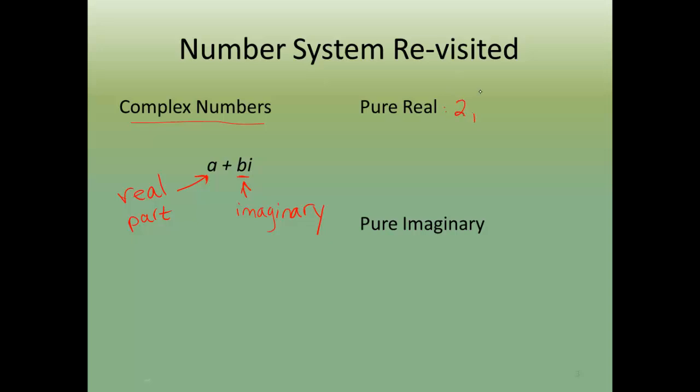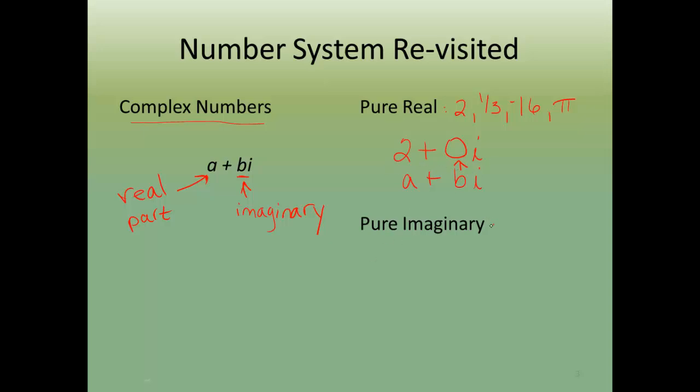Things like 2 or 1/3, -16, pi, these are all pure real numbers. They're complex numbers because they can be written in the form of a plus bi. It's just that if it's a real number, the imaginary part is 0, but it's still a complex number.